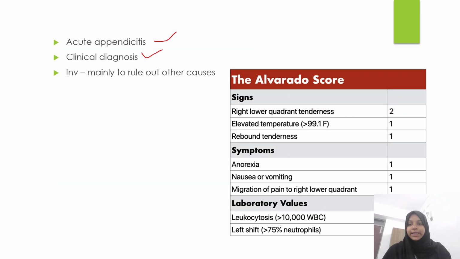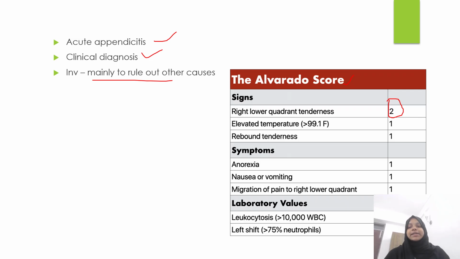Okay. So here the diagnosis was acute appendicitis. It's usually a clinical diagnosis, and the investigation is mainly to rule out any other causes. Like we can sometimes find appendicitis on USG, but if USG comes out clean, that doesn't exclude appendicitis. So it's mainly a clinical diagnosis. When we look at the Alvarado score in order to make a diagnosis, right lower quadrant tenderness and leukocytosis, that is more than 10,000 WBC, score 2 points each.